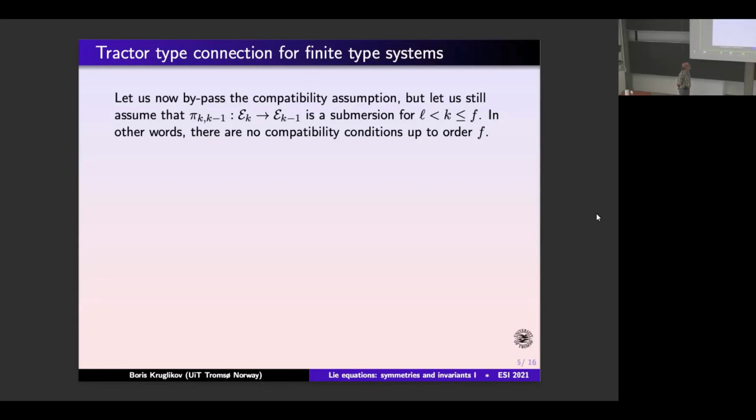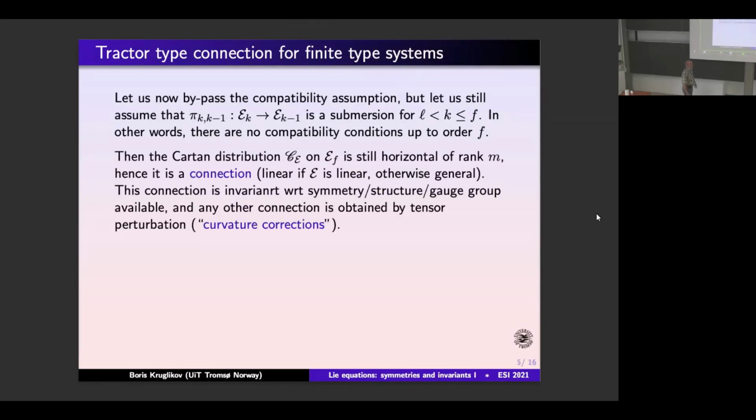So you don't have compatibility conditions for a range of indices from L to F. So you can freely do prolongation, okay? And then assume that this F is the same as before, where you have an isomorphism in the next prolongation. But the important thing is that the Cartan distribution on finite jets, which is just the intersection of the Cartan distribution on jets with the equation, will be completely horizontal again in this case.